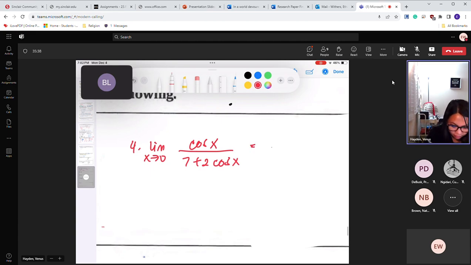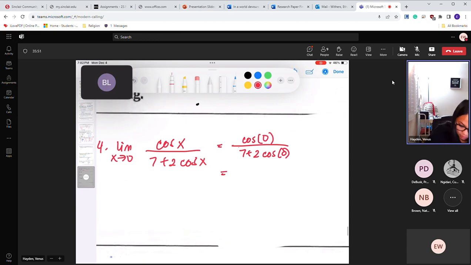Now let's plug in the value of x, so cosine of 0 all over 7 plus 2 times the cosine of 0. Cosine of 0 happens to just be 1, all over 7 plus 2 times 1, which is just 1 over 9.